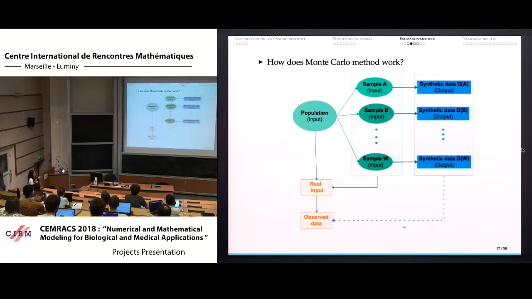That means the estimated parameters are the samples for which the residuals between the synthetic data and the observed data are close.